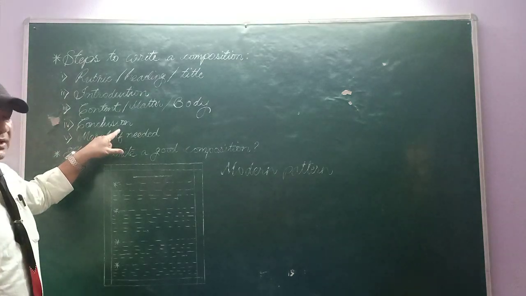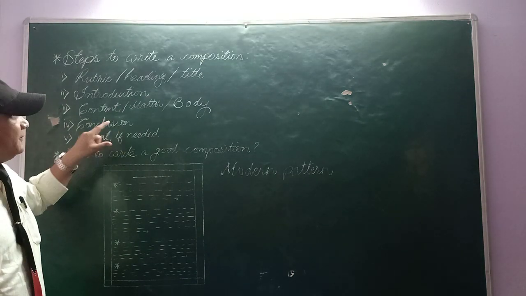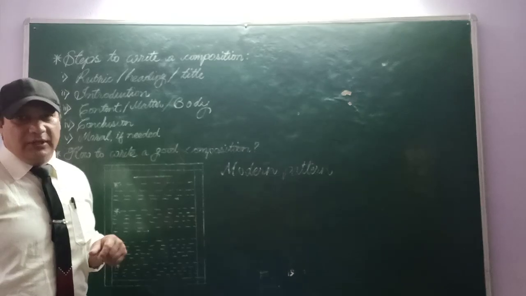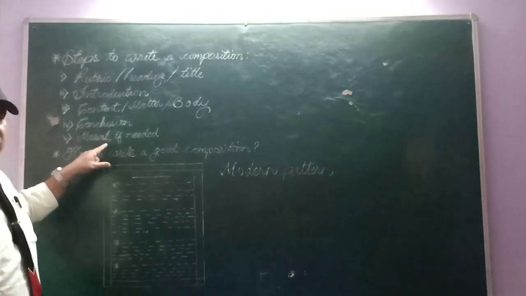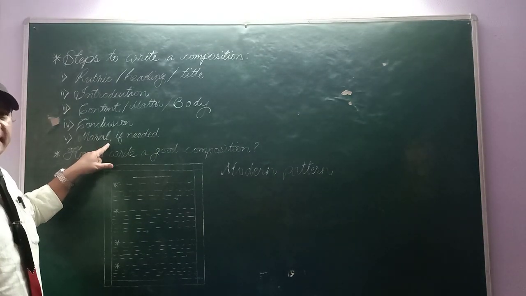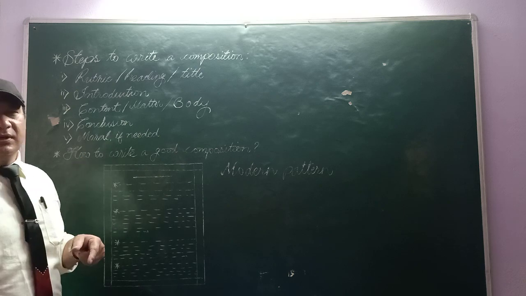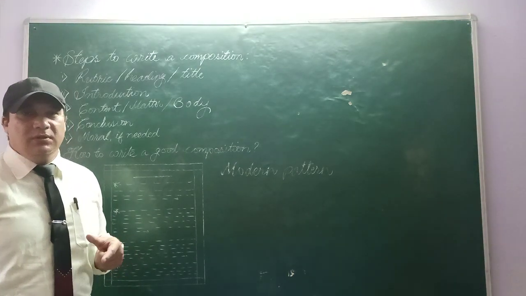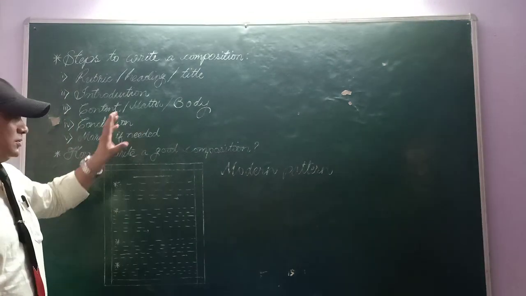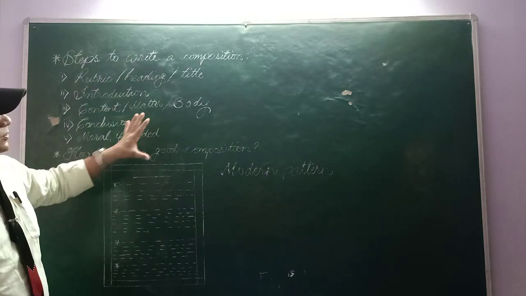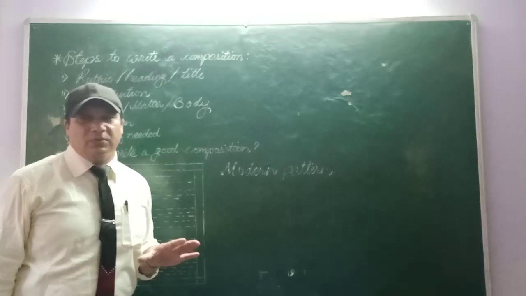And then we have a conclusion, and a moral. If we are writing a story or picture writing, then we provide a moral in the composition, otherwise not. So this is what we call steps to write a composition.